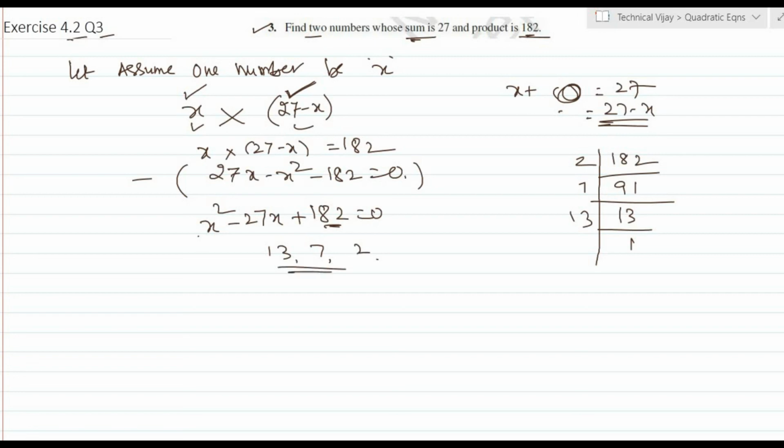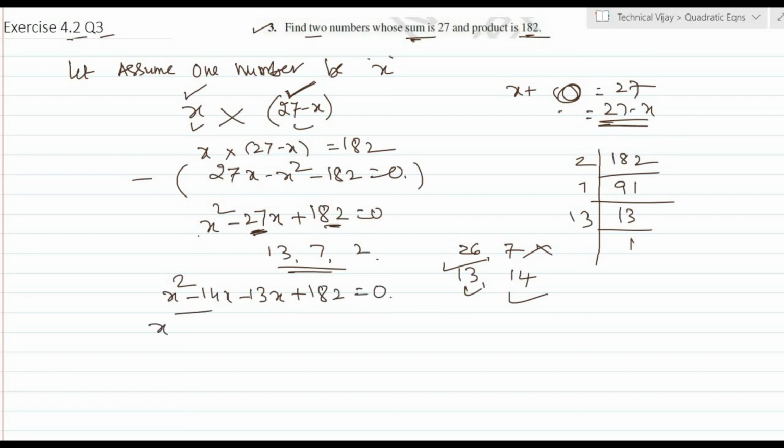The middle term should total 27. 2 sevens are 14. This is 13 as one term and 2 sevens is 14. This is possible, so we take 13 and 14 as the two factors. So x square minus 14x minus 13x plus 182 is equal to 0.